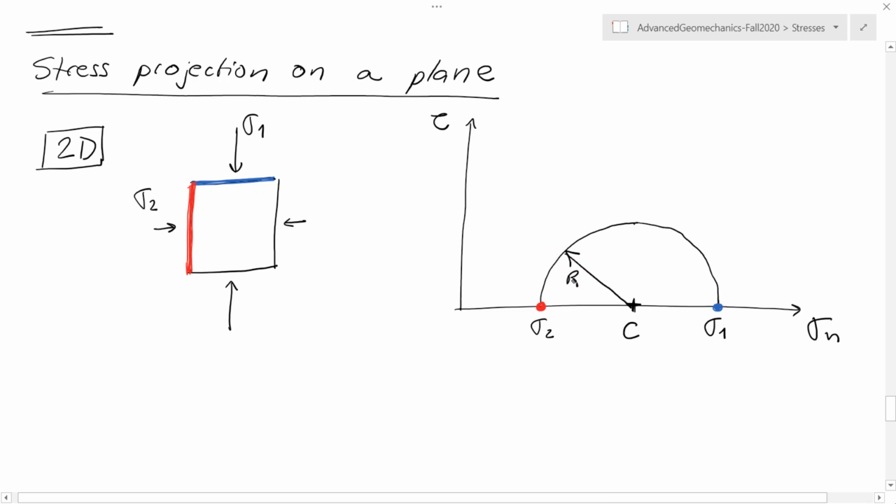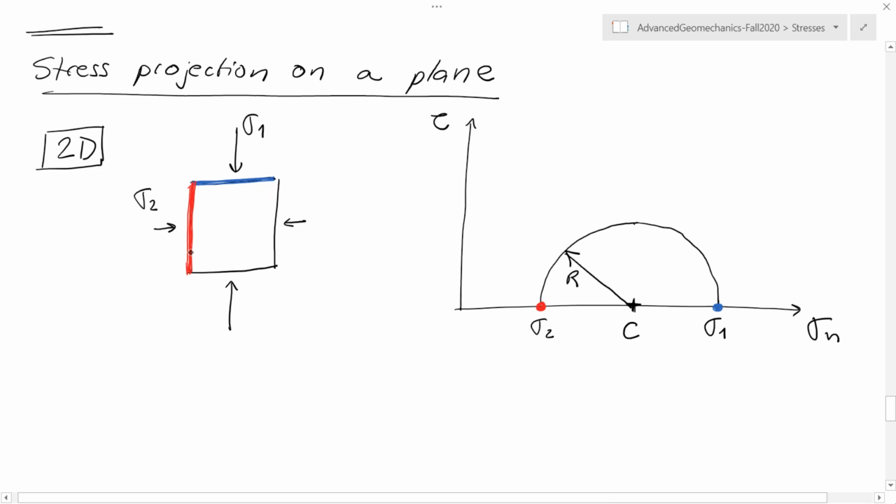Okay, now the Mohr circle represents all the possible states of stress for a plane at an angle between the planes of sigma 1 and sigma 2.